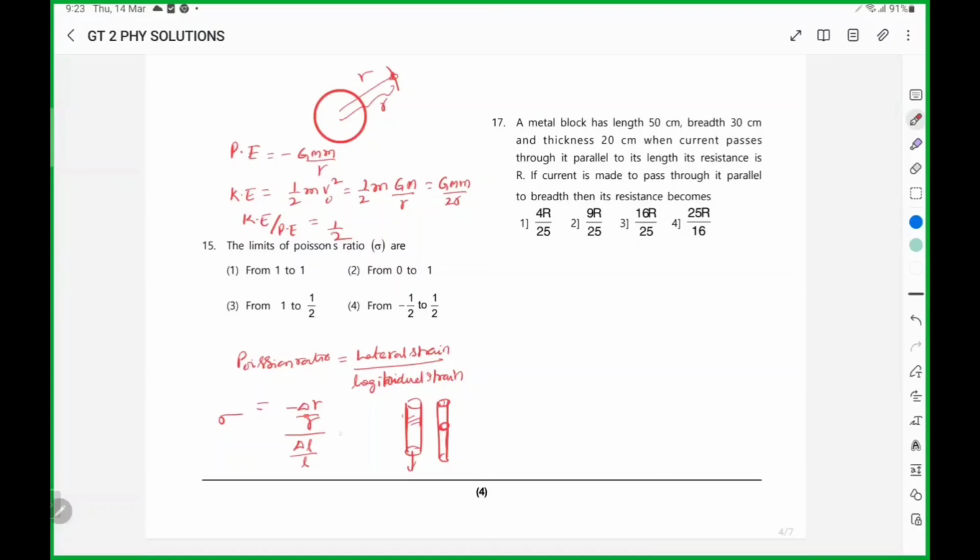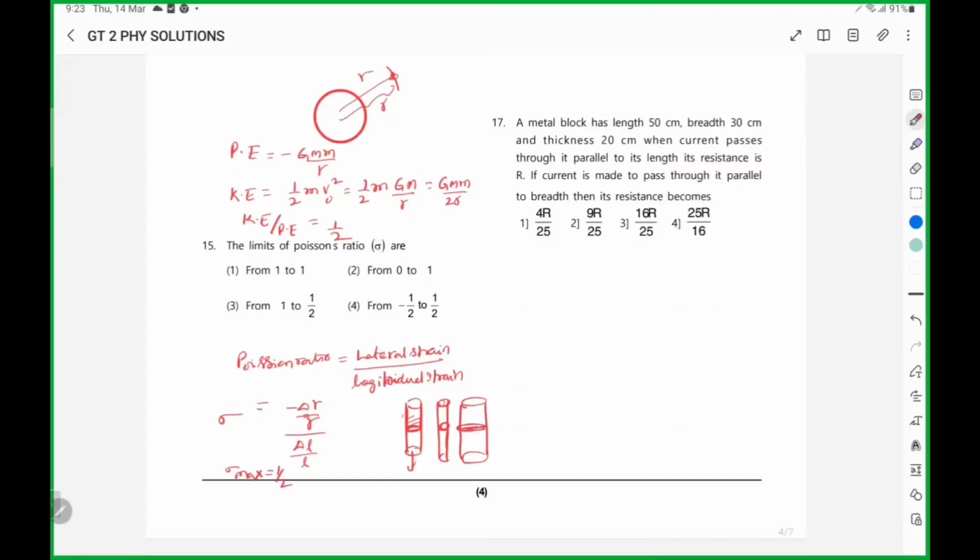So here maximum value of Poisson ratio is half, and some materials, once you stretch it, instead of a decrease in the cross sectional area, there is an increase in the cross sectional area.